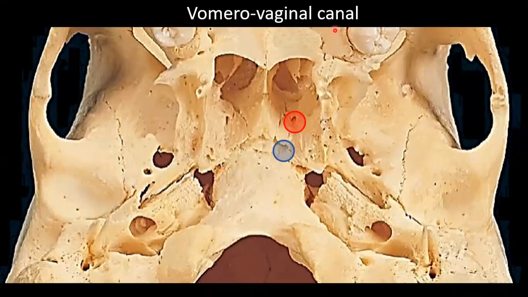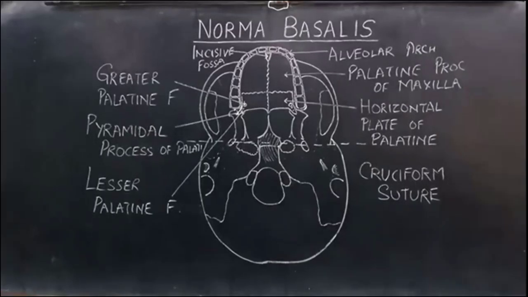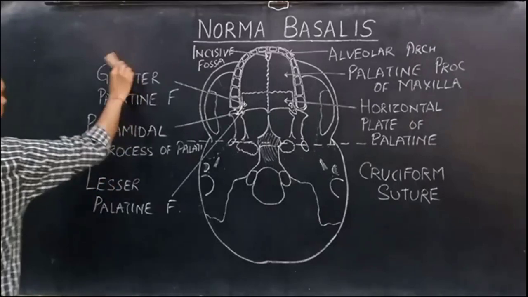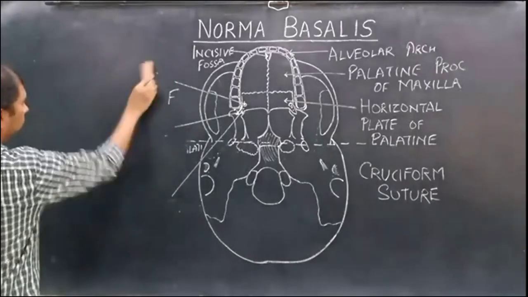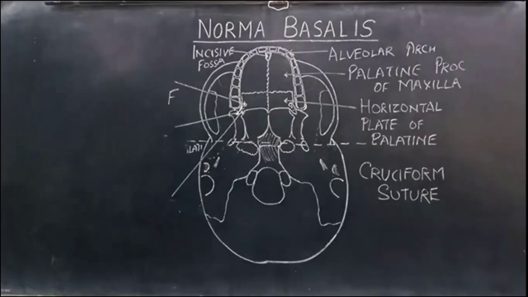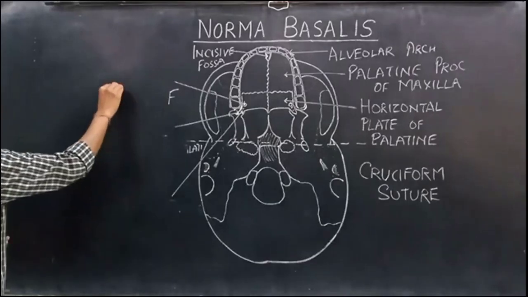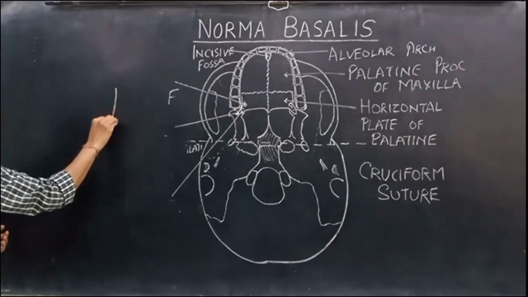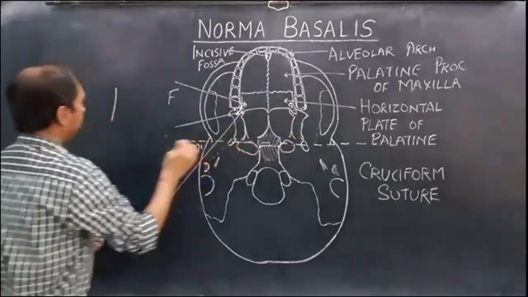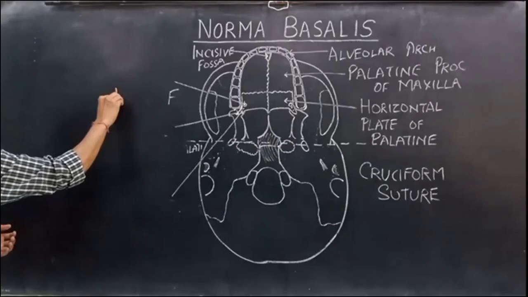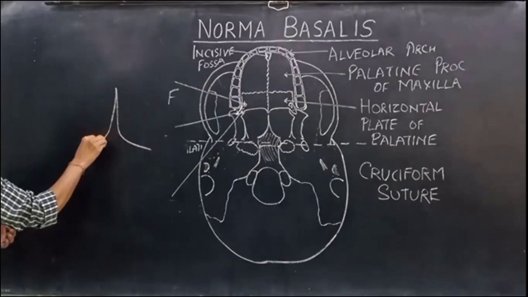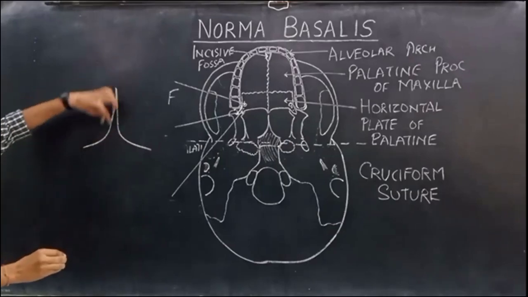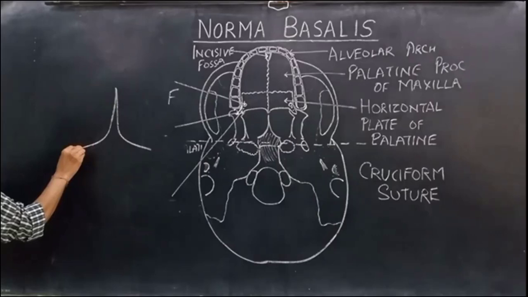So I'll just show you on the board. Basically, I'm drawing the vomer in a magnified view. So here is the vomer, having a central vertical part and two wings.